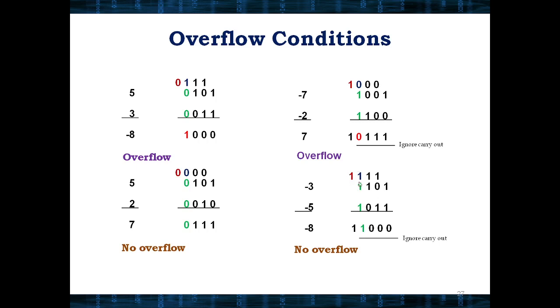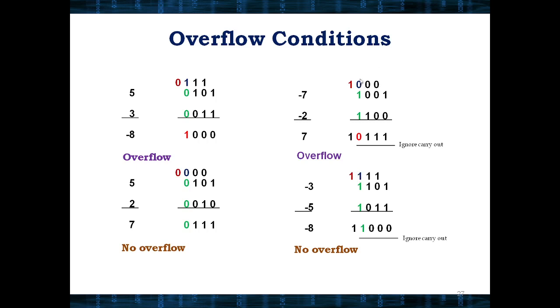Or as I said, the other rule you can use here is the carry bit. The carry into the sign bit position is 1 and the carry out of the sign bit position, the next stage, is also 1. So both are equal. That means no overflow. If both are different, then an overflow occurs.